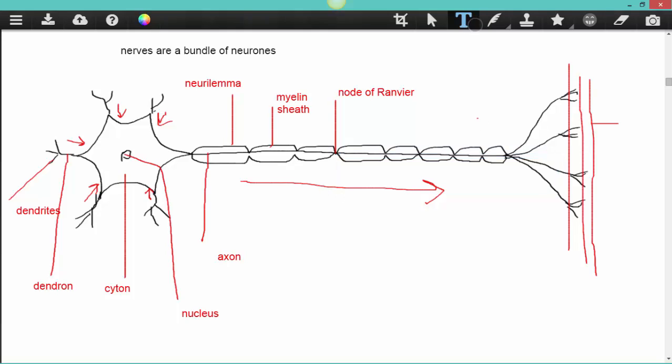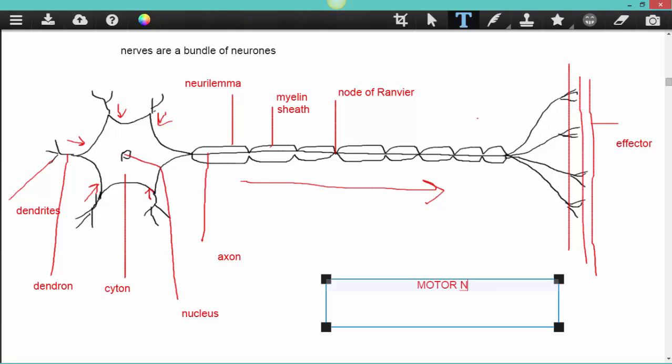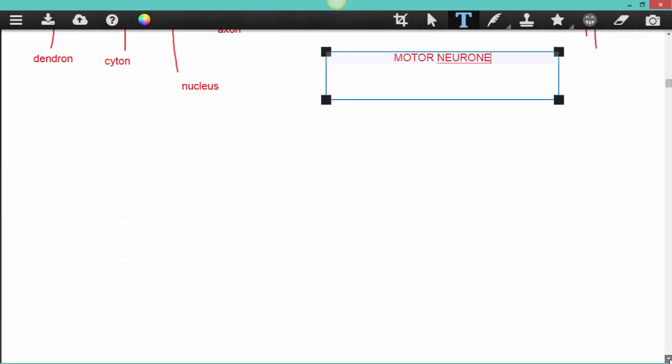And this here is the effector, which is usually a muscle fiber. So this is motor neuron. We're going to learn all the other neurons too.